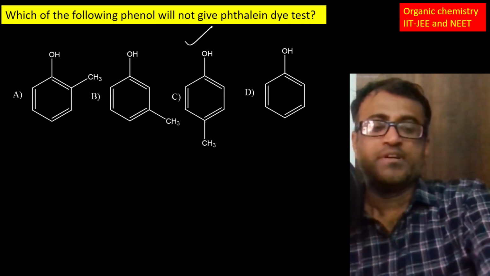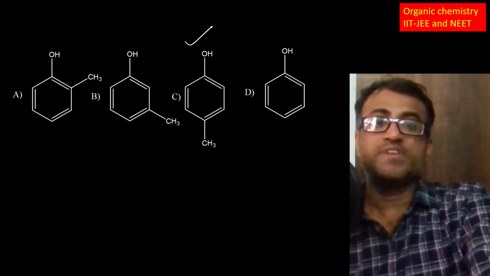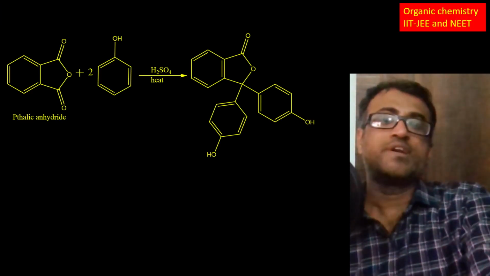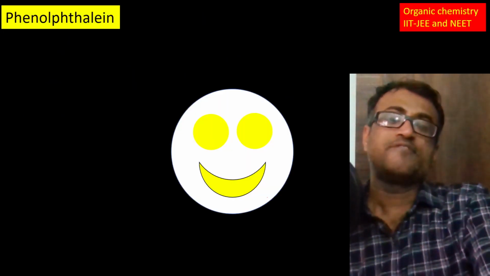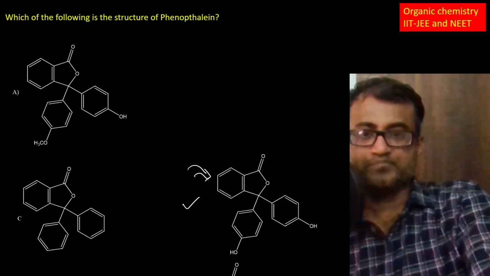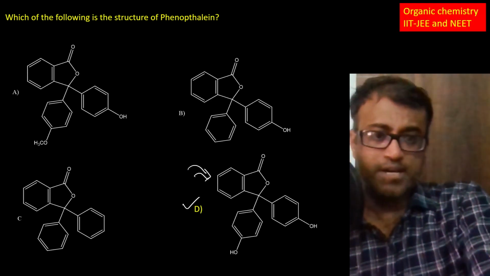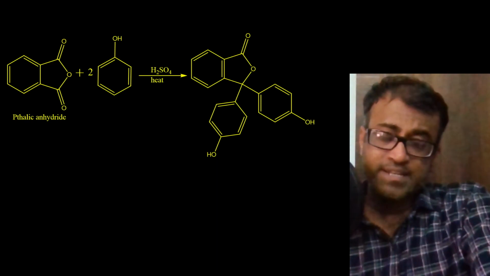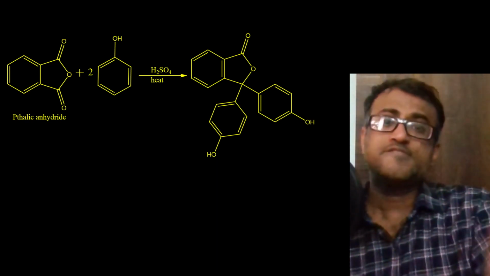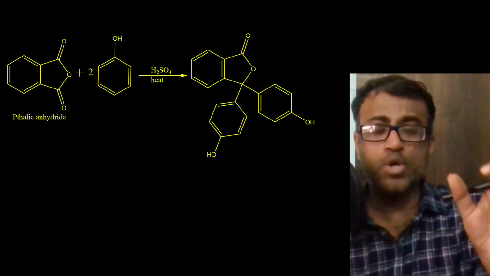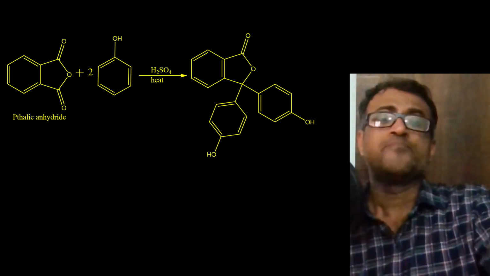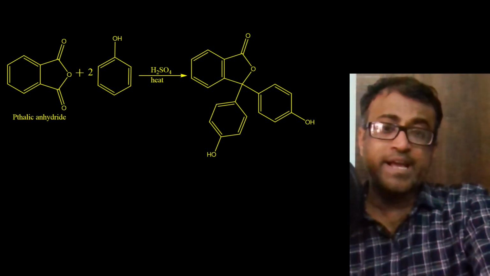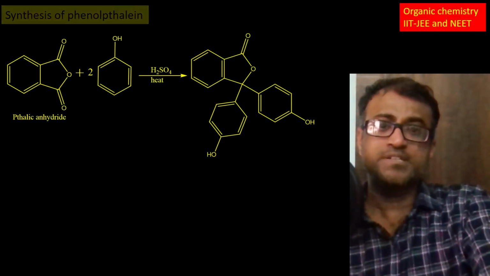Okay friends, in today's session what all things we have discussed: we have seen what is phenolphthalein. उसके स्ट्रक्चर के साथ हमने शुरुआत की थी. phenolphthalein क्या होता है, phenolphthalein का स्ट्रक्चर क्या होता है, then how phenolphthalein is synthesized. It is synthesized from phthalic anhydride and phenol in presence of acid, and we have seen the mechanism behind this reaction.